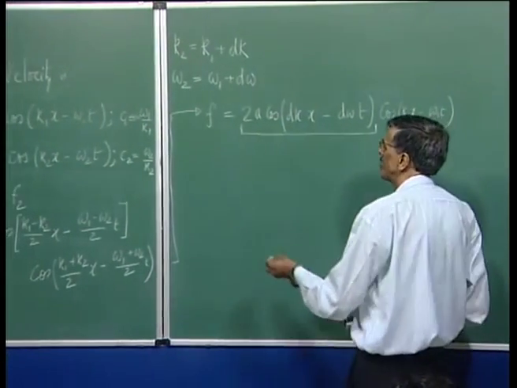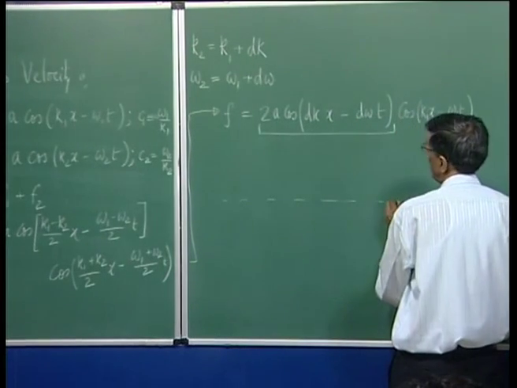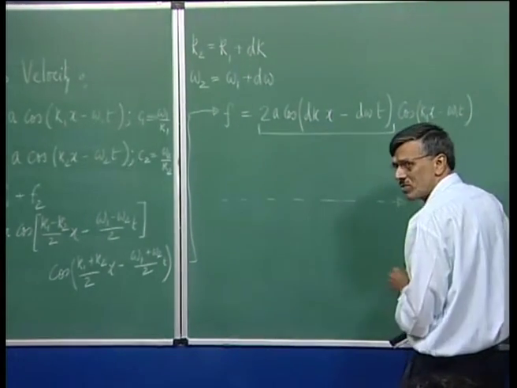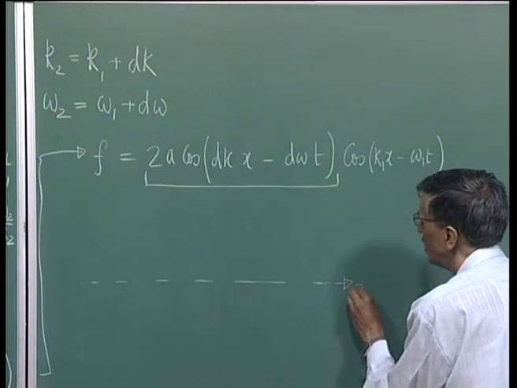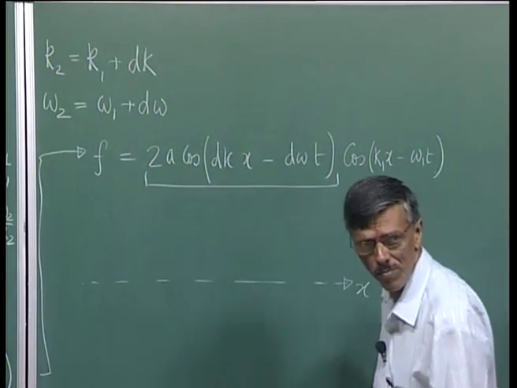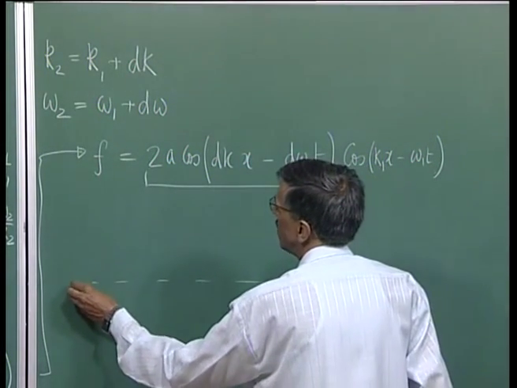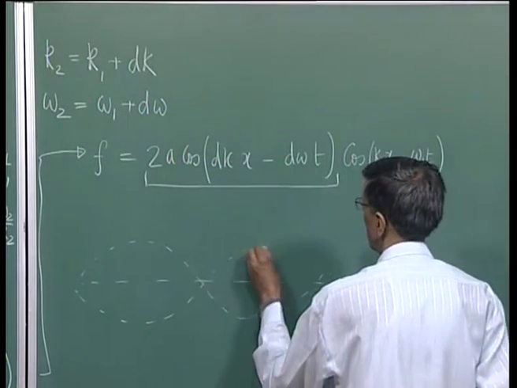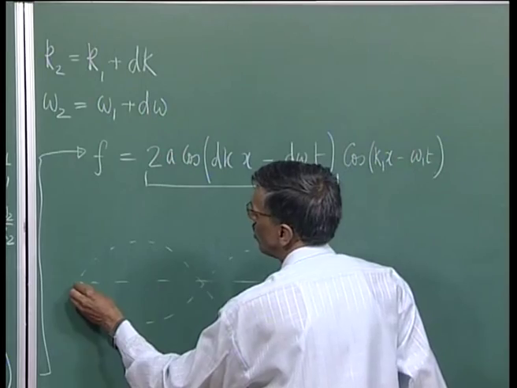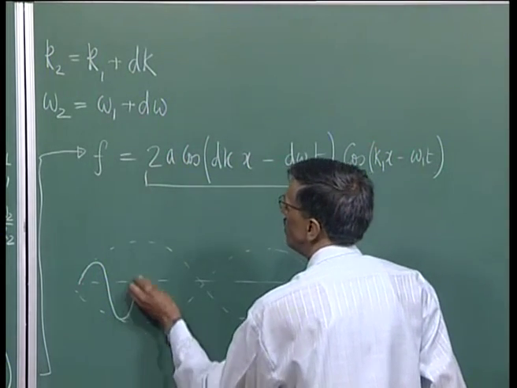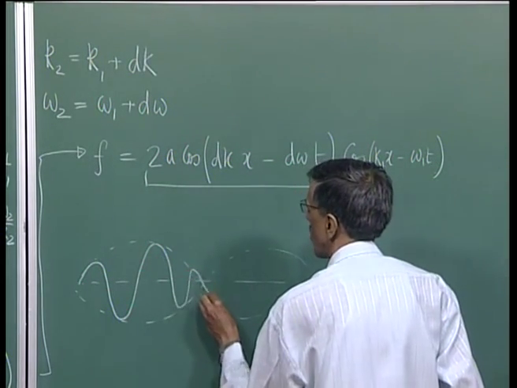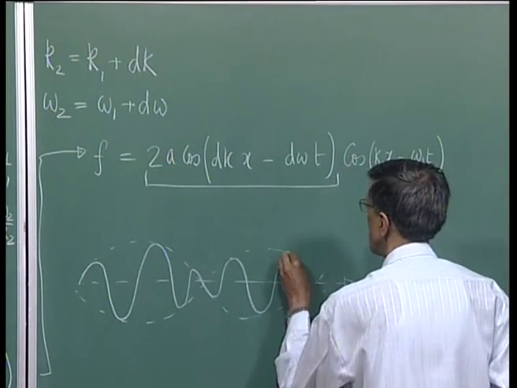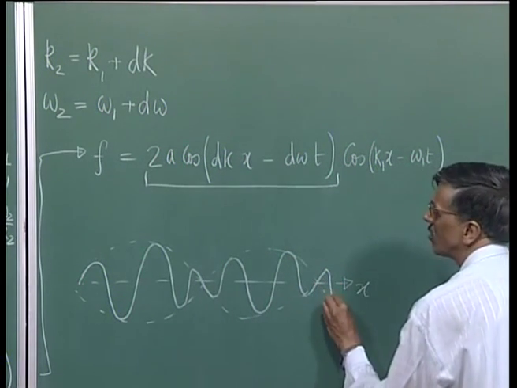And this is something you see if you plot it for a fixed time. If I plot it versus x, then I would see that the variation would be given in a packet like this. So, the actual wave that you would see would be something like this, and so on and so forth.